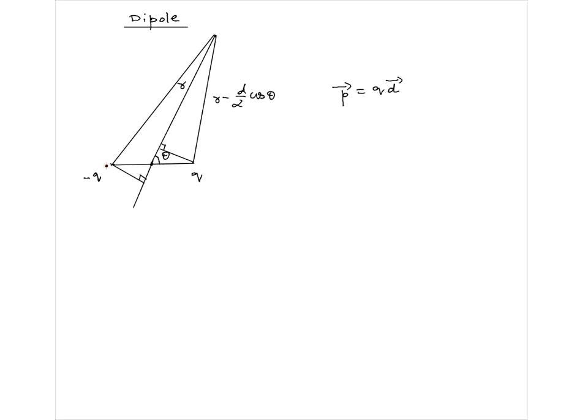Likewise, we know this distance, we need this distance. That should be same as this distance. Again, approximately. And this distance is D by 2. This is theta. This is D by 2 cos theta. From here to here it is R, and then D by 2 cos theta.